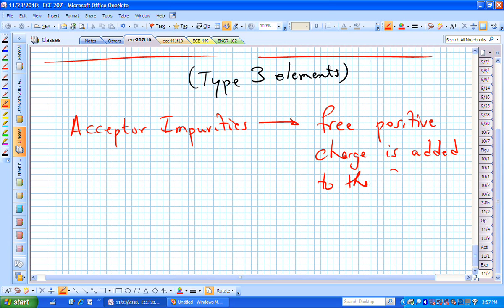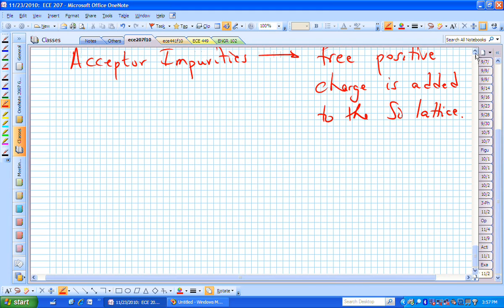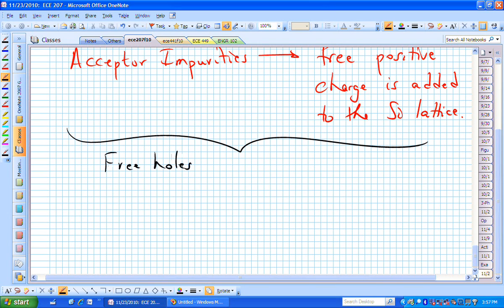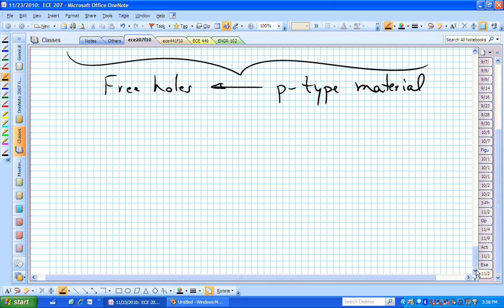Let me just say, now instead of electrons, we have positive pieces, which we call holes, and we now have p-type material in this doped silicon, where we now have silicon surrounding the boron.